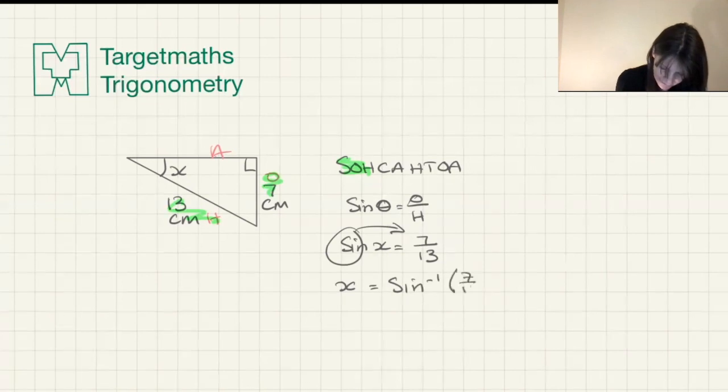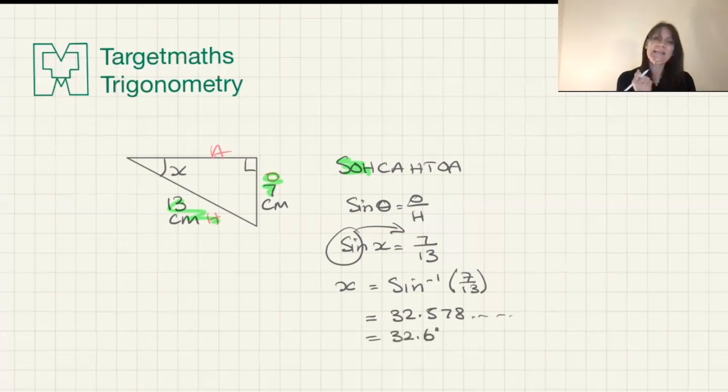We've got 7 over 13 going into the calculator altogether, and you get 32.578, and on it goes. So to one decimal place, 32.6 degrees.